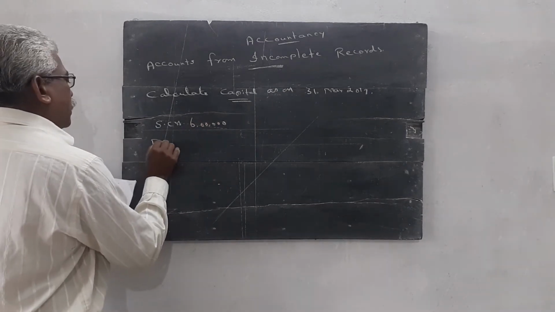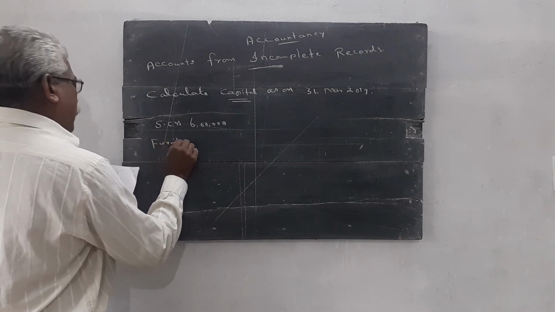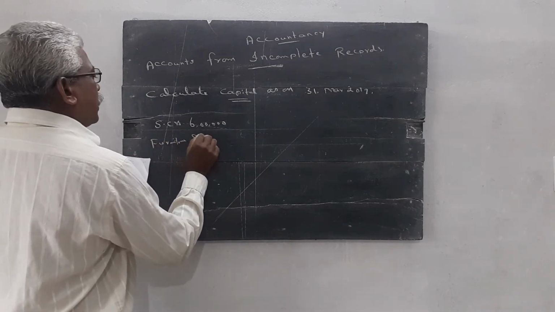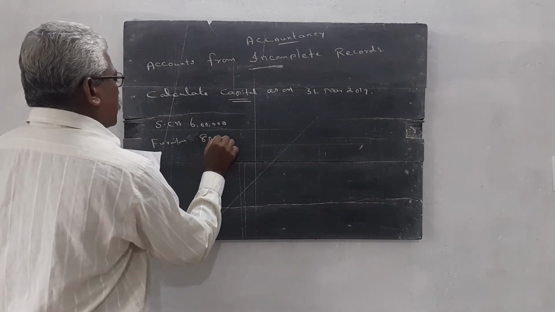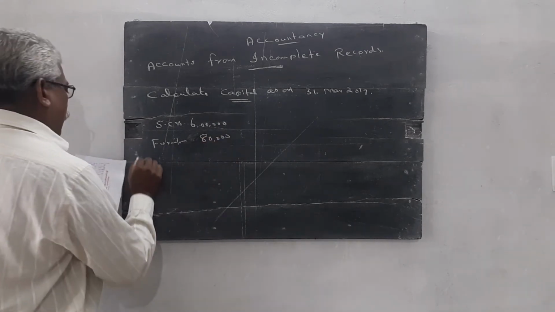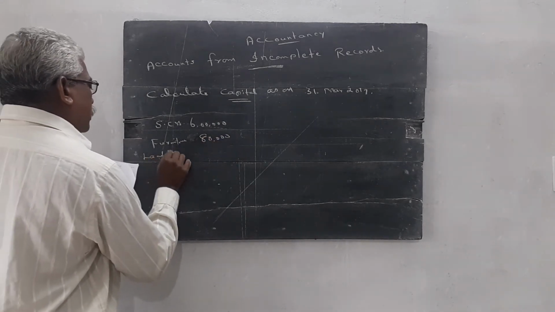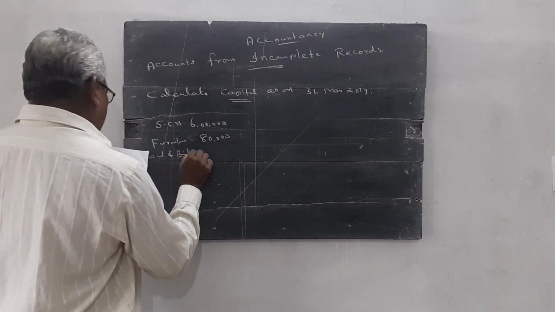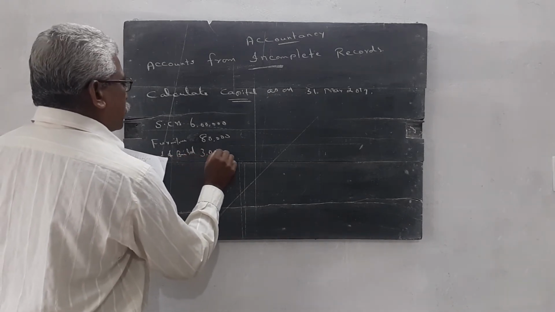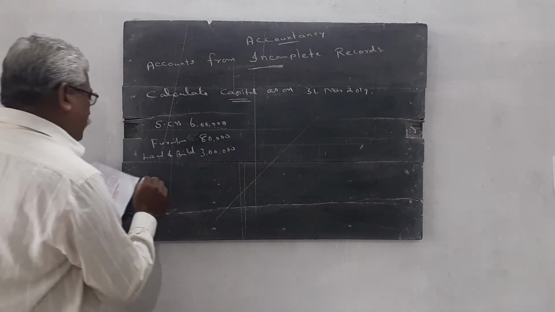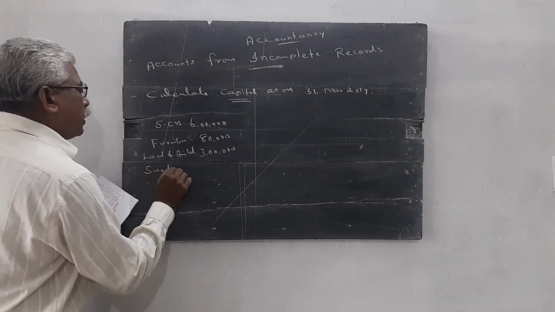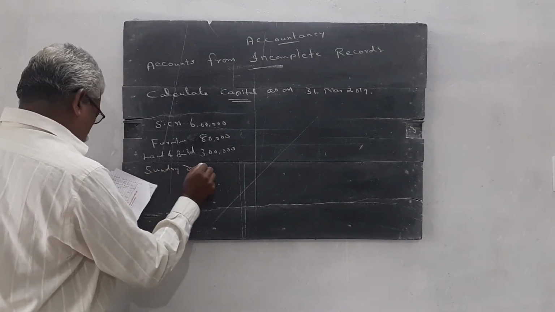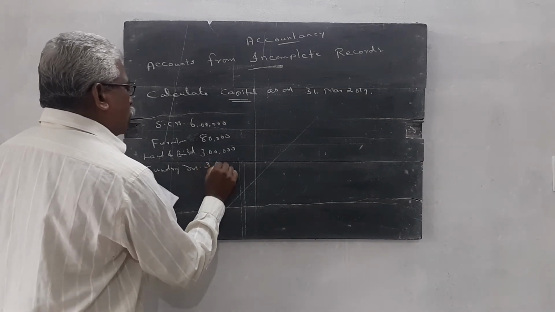Then furniture value 80,000. Then land and building 3 lakhs. Sundry debtors 3,20,000.